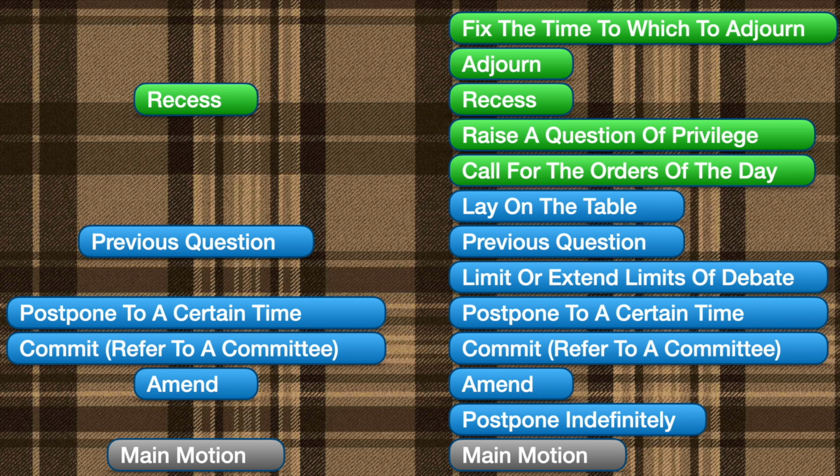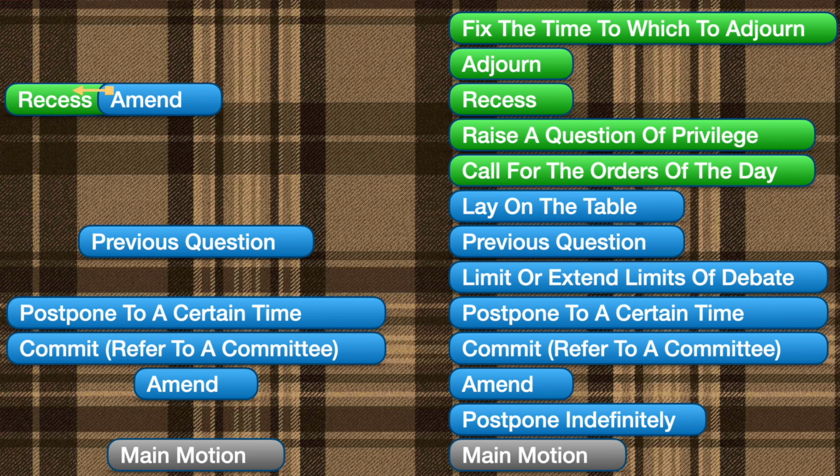And in that case, we see that it rises to the level of recess, since it adheres to it. This means that, in this case, when the motion to amend is applied to the motion to recess and therefore becomes the immediately pending motion, we don't look to the motion amend on the list of ranking motions to determine which further motions are in order. We look to the motion it adheres to, which is recess.